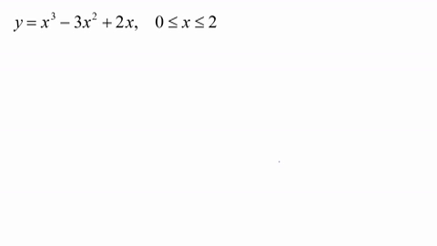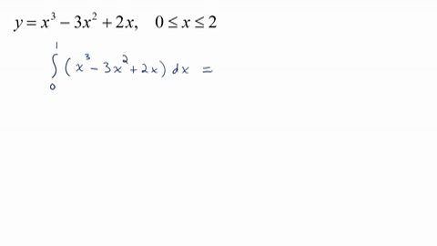So let's do our first definite integral from 0 to 1 of x cubed minus 3x squared plus 2x dx. Let's first find the antiderivative.